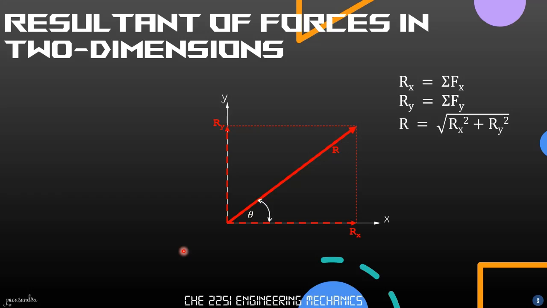For the direction of the resultant, theta, this can be solved as the arctangent of the summation of forces along Y divided by the summation of forces along X.